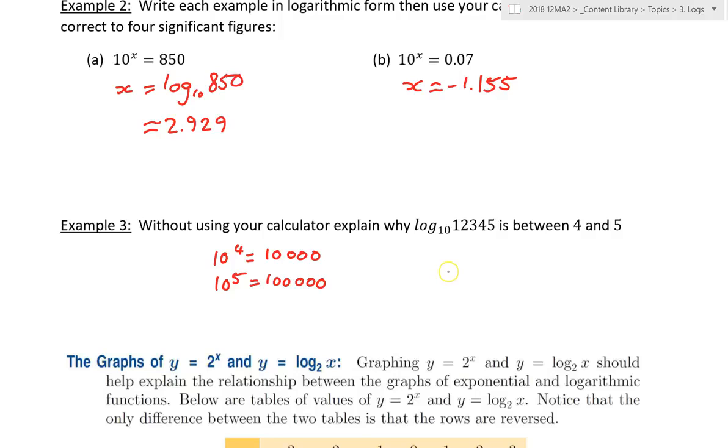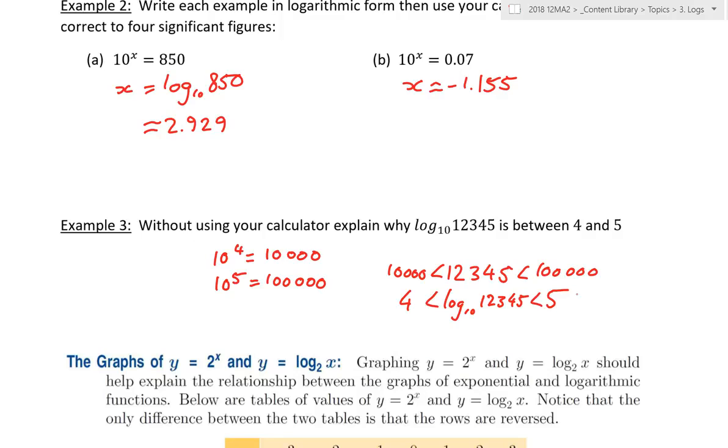And the number 12,345 is greater than 10,000 but less than 100,000. Now if I take the log base 10 of all of those things, I get 4 is less than the log base 10 of 12,345, which is less than 5. Okay, I took the logs of everything there.